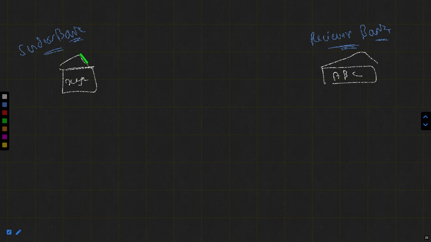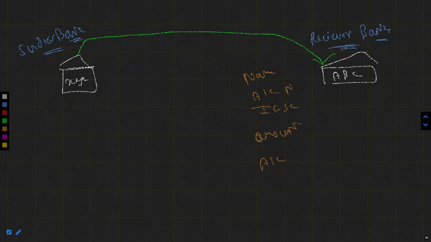When the sender initiates the process, XYZ will communicate to ABC. Okay. It will provide the IFSC, account number, name, amount, account type.